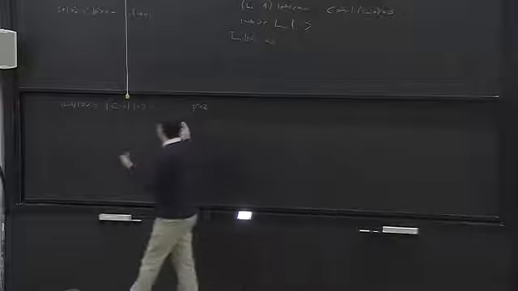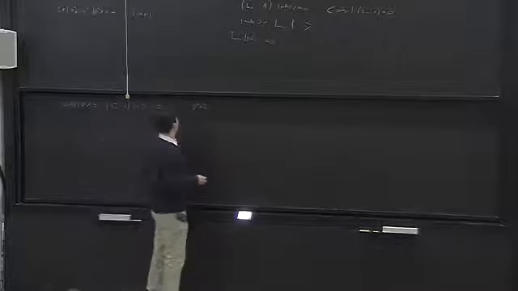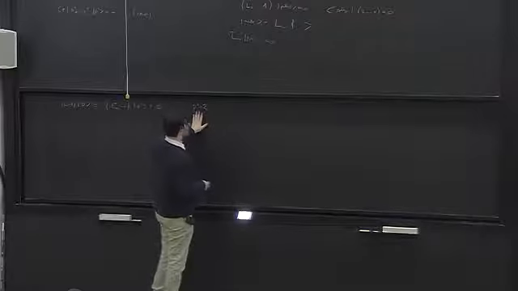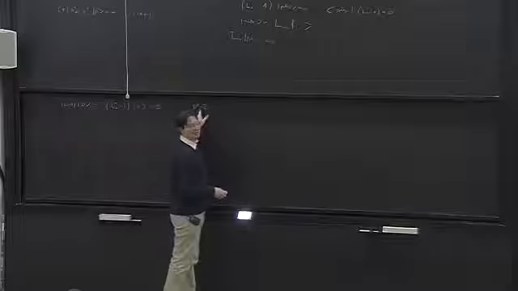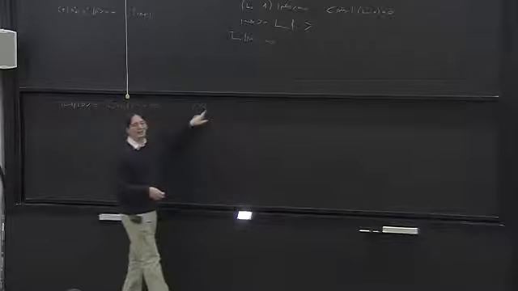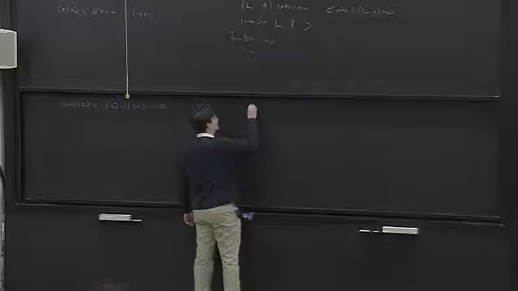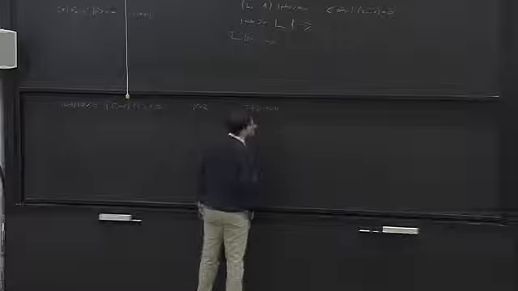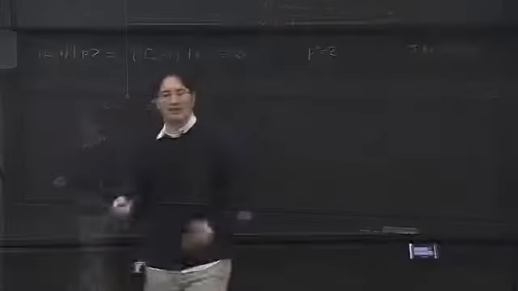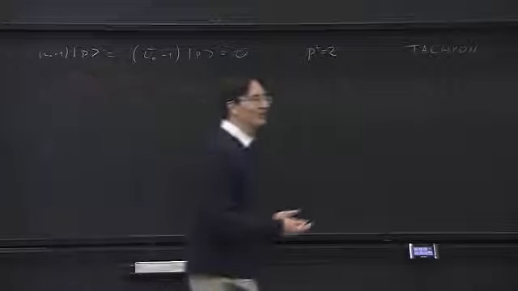This tells you that this state is physical if p squared equals 2. I'm working with the convention where the space components give a positive contribution and the time components give a negative contribution. These are actually tachyons. So the first state you get from the bosonic string is a tachyon. Definitely not very promising.